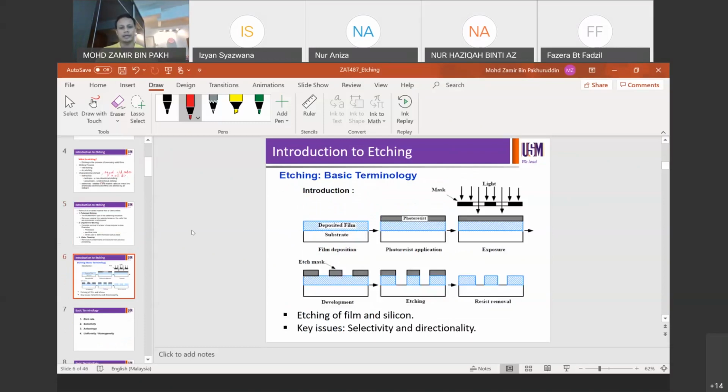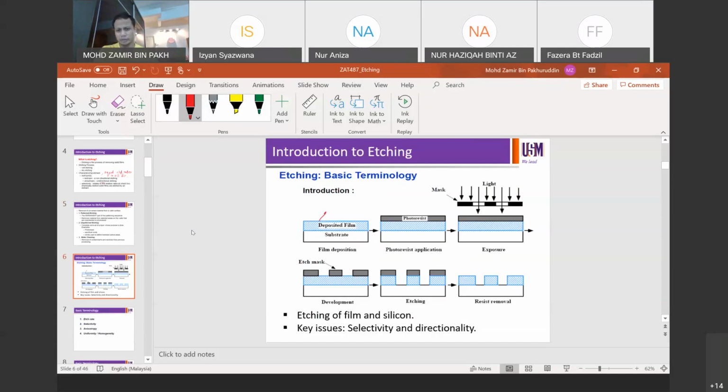So if you relate this to the previous process, which is lithography after the CAD process, you have seen that, for example, if you look at the first one there, you deposit a layer of something, for example, by a CVD process.